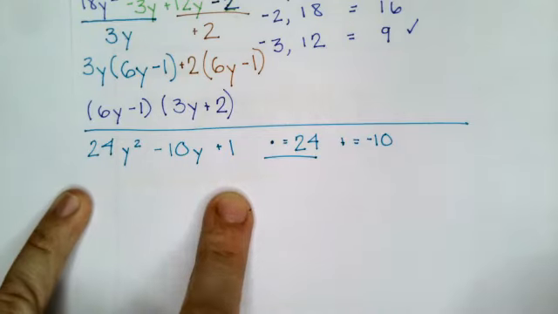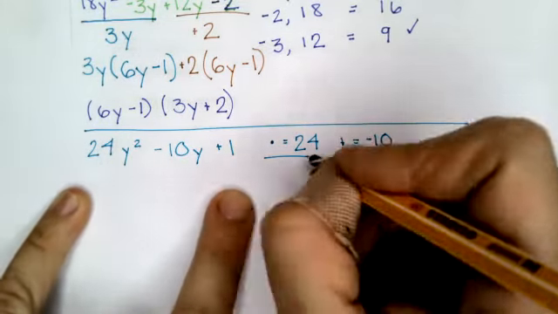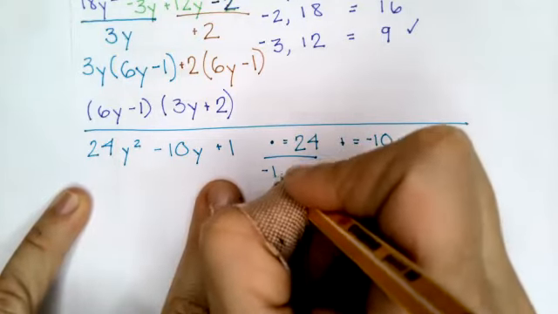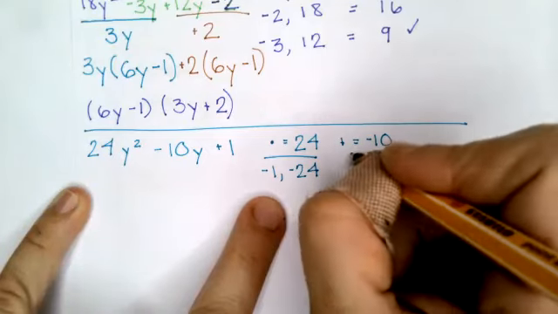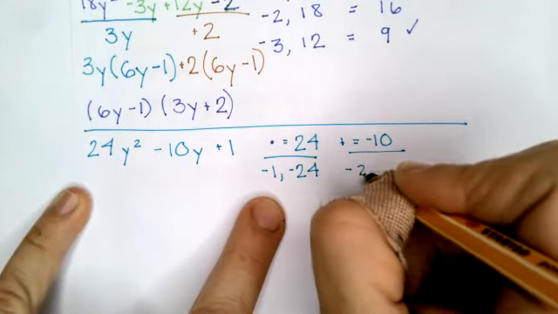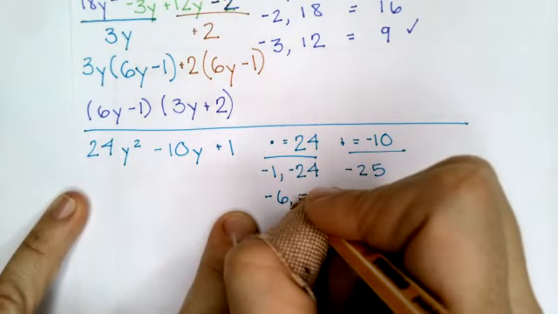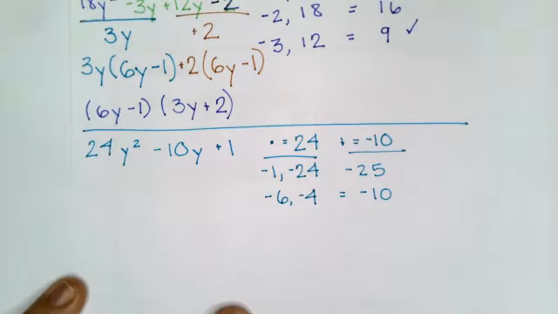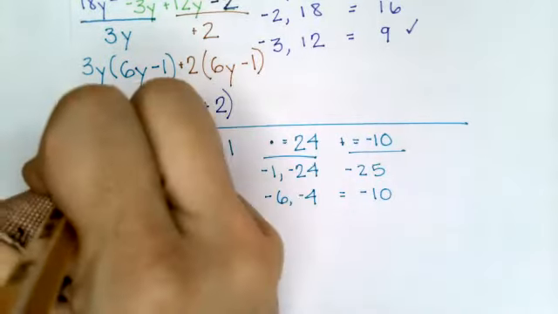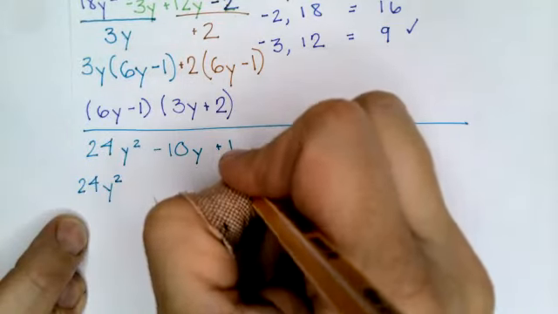Good. So they're going to add to a negative, but multiply to a positive. So they're both going to be negatives. Negative 1, negative 24, right? But when I add them, that would be a negative 25. That doesn't help us. Negative 6 and negative 4 become negative 10. All right, so we're keeping the 24y squared. We're keeping the 1.